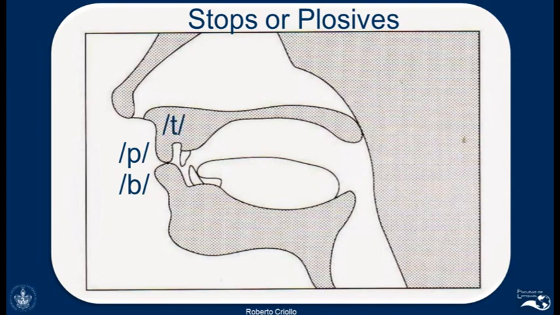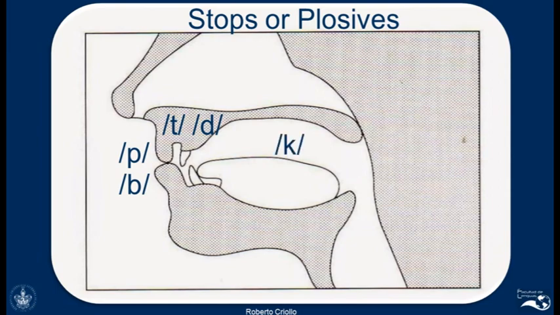There is also the sound t. We can see that the air is completely obstructed in our alveolar ridge by the tip of the tongue, and so it causes an explosion. T. Obviously, there is also d, which is exactly the same sound, but with the additional vibration of our vocal cords.